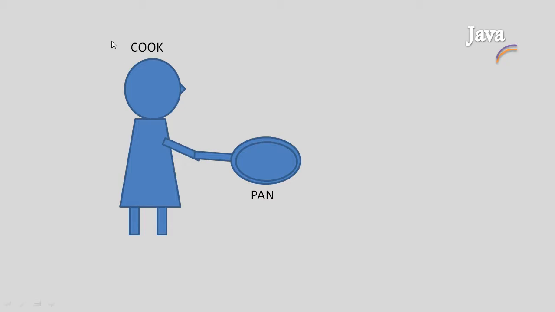Now, one of the cook was going to cook more than one recipe. Now, this cook is having only a single pan, only one of the pan, and in this single pan he is going to cook more than one recipes, more than one dish.